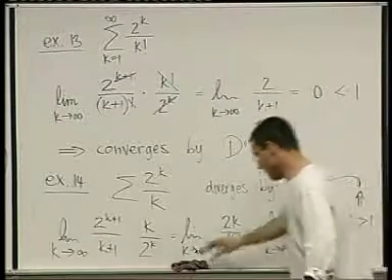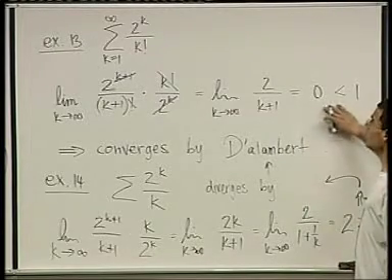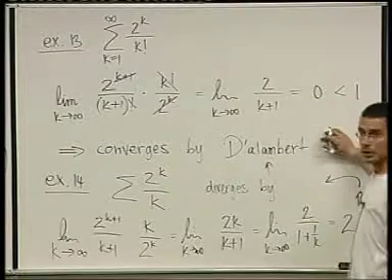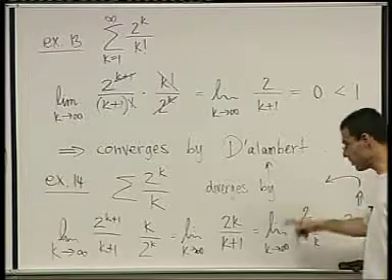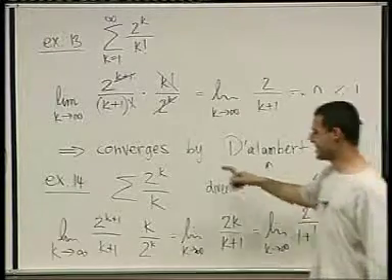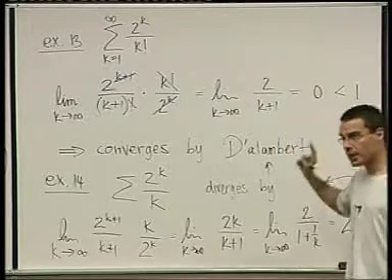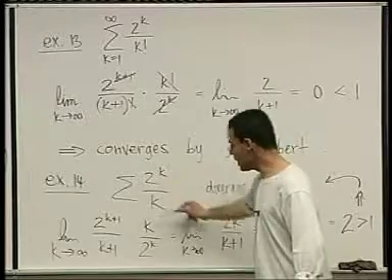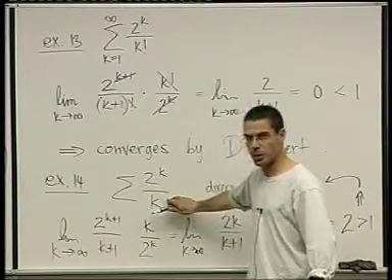I want to make a remark here. Here, we found out that this thing converges using the ratio test. Here, we found out that this thing diverges using the ratio test. But if you take a step back and look at it again, it's very easy to see that the sequence we're summing here does not go to 0.